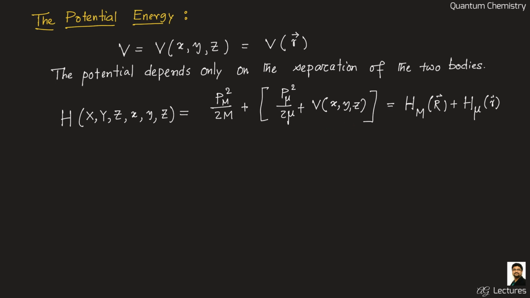So this whole part that is becoming a function of the relative coordinates, we have just bracketed them here. And now we get this particular situation that the total Hamiltonian, which depends on all 6 variables, is split into two different Hamiltonians.